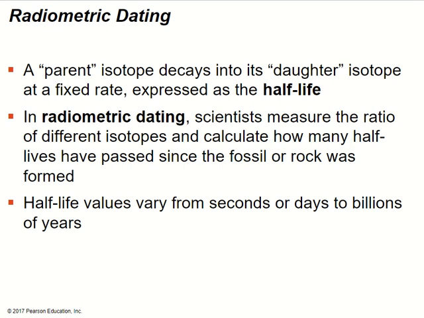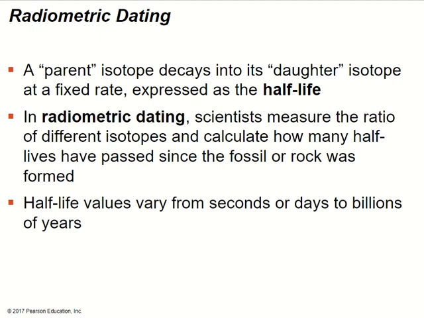In radiometric dating, a parent isotope decays into its daughter isotope at a fixed rate, expressed as the half-life, or the time it takes for half the original isotope to decay into something new. Scientists measure the ratio of different isotopes and calculate how many half-lives have passed since the fossil or rock was formed.